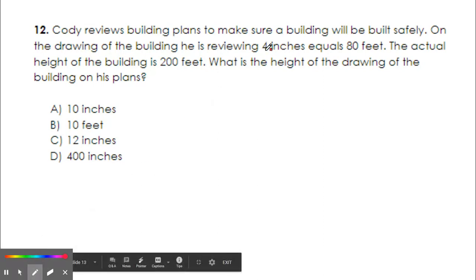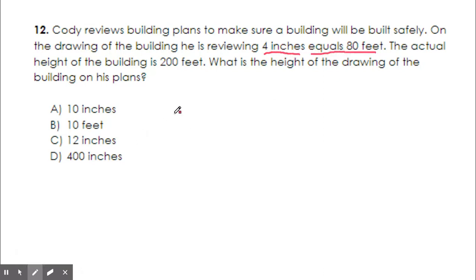All right, so 4 inches in a drawing actually equals 80 feet. So in the drawing, we have our inches and what the feet are that they actually represent. So 4 inches really means 80 feet.